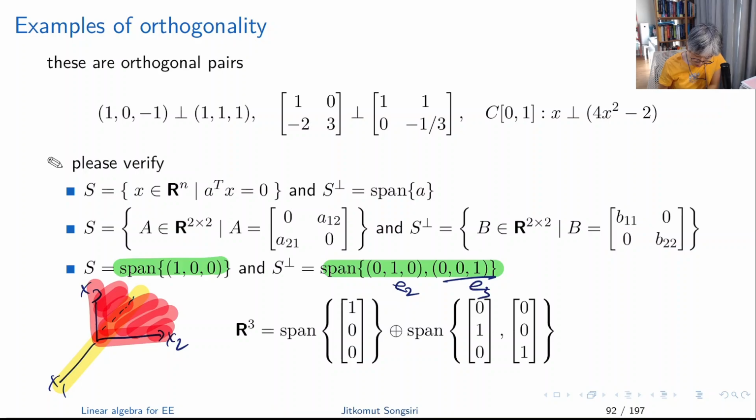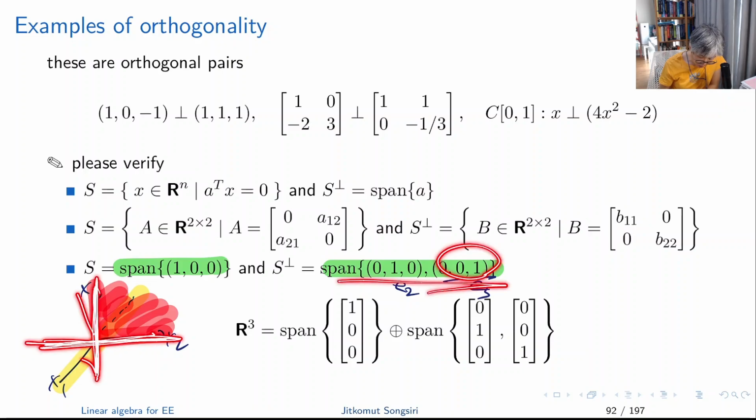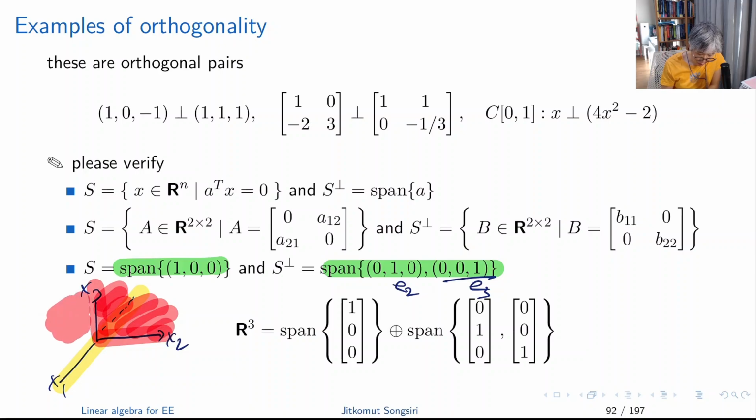So E2 is a vector on the x2 axis, and E3 is any vector on the x3 axis. The span of these two is going to be any vector on the x2, x3 plane. And obviously it's perpendicular to S, the yellow line.